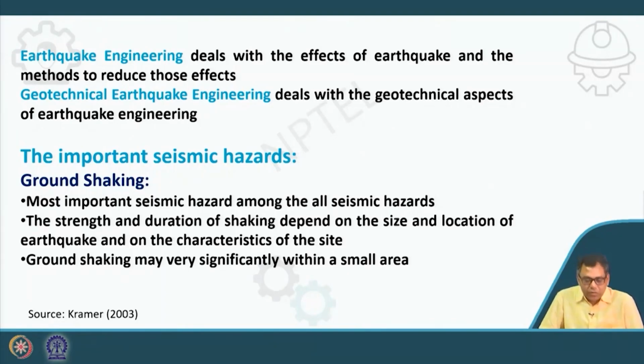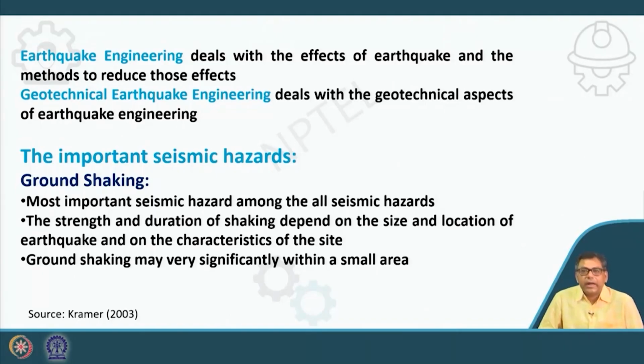This is the most important seismic hazard among all seismic hazards. The strength and duration of this shaking depend on the size and location of the earthquake and on the characteristics of the site. That means it depends on whether it is a large, moderate or small earthquake.